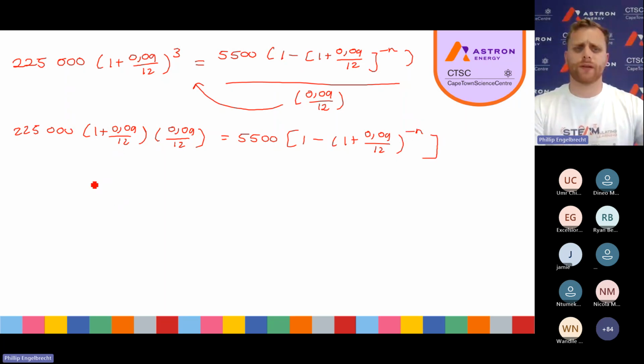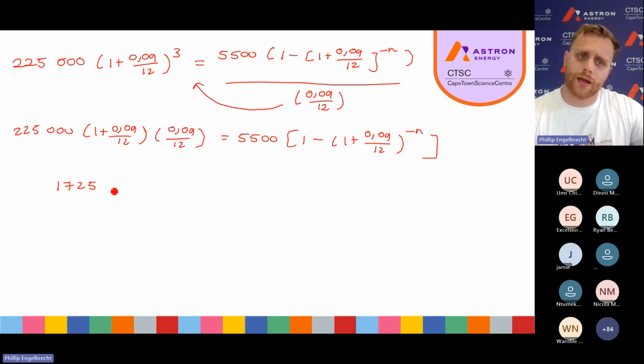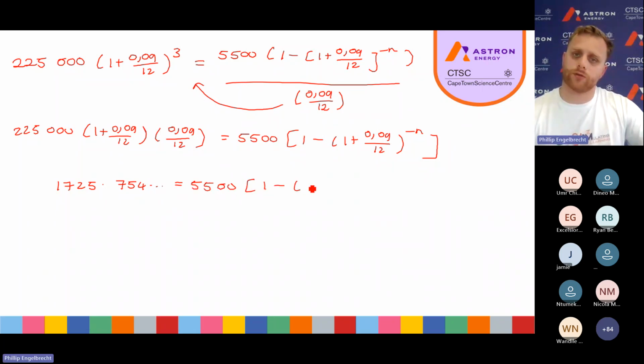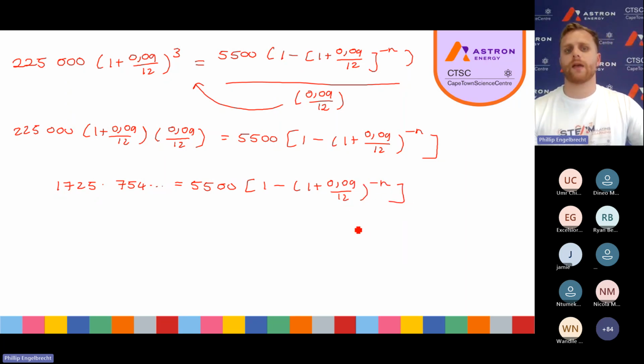You type this whole big side on your calculator and you get 1725.754 and so on, a big decimal number. That is equal to 5,500 times (1 minus (1 plus 0.09 over 12) to the power of negative n). What you do now is divide both sides by 5,500.